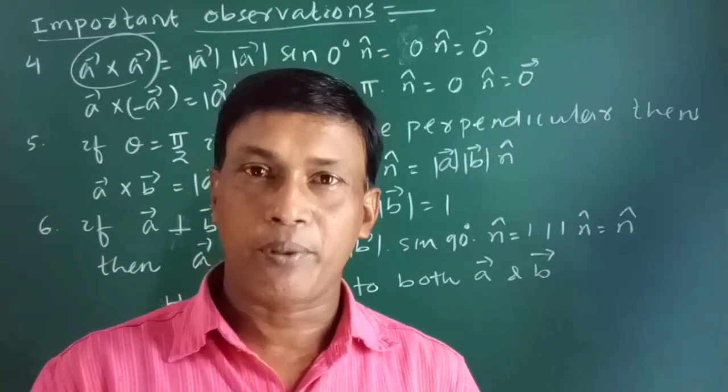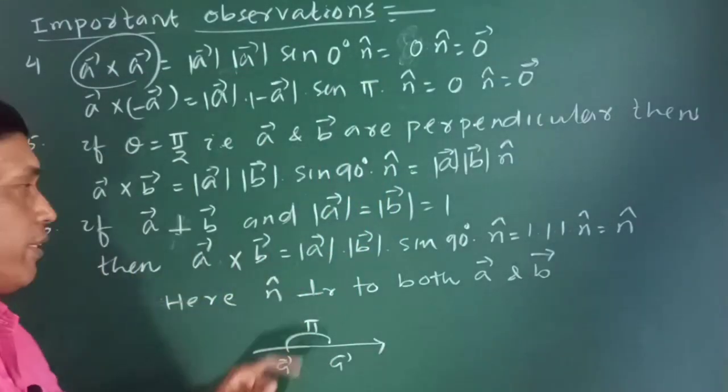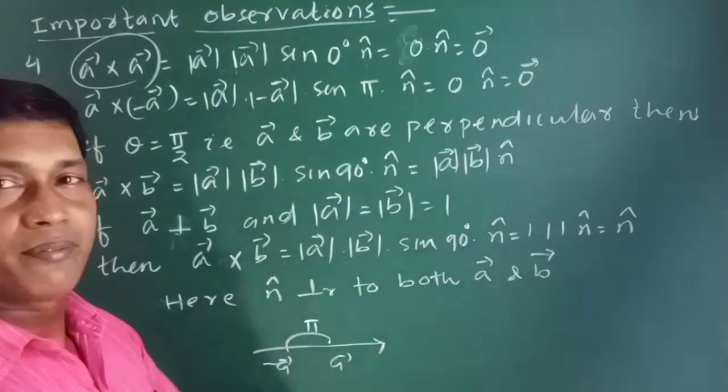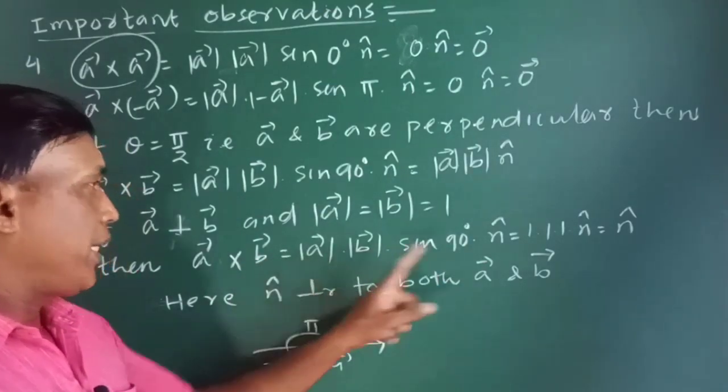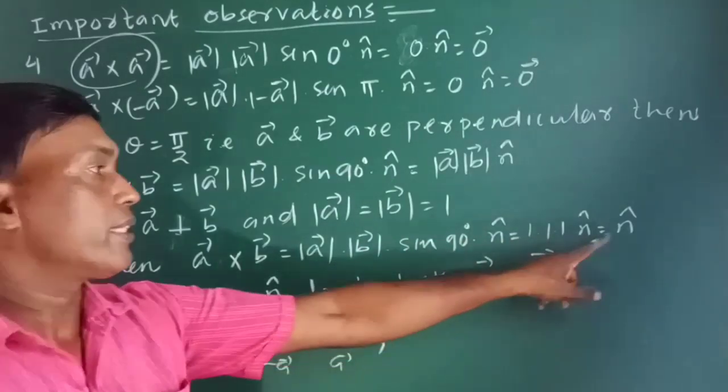The cross product of orthogonal unity vectors: A cross B is magnitude of A, magnitude of B, sine 90, n cap. Magnitude of A is 1, magnitude of B is 1, sine 90 is 1, so it is n cap.